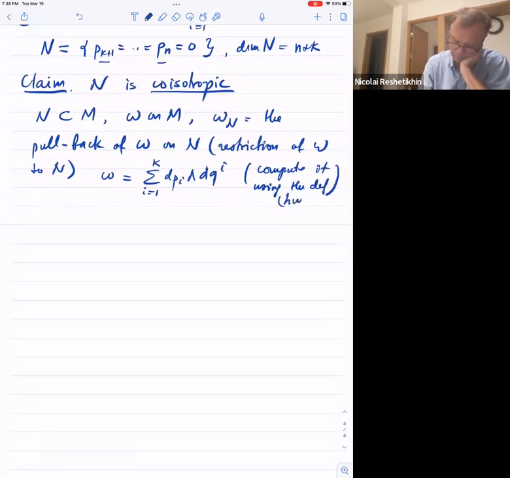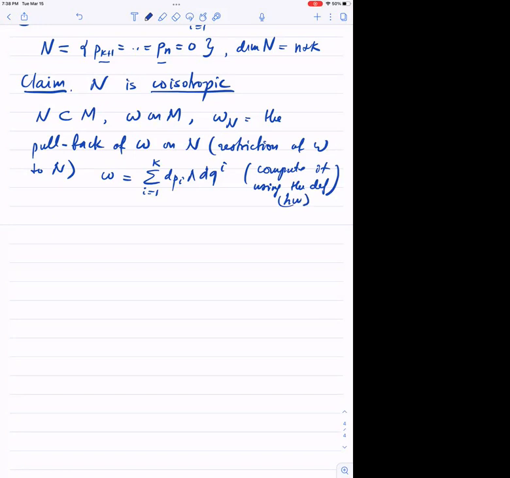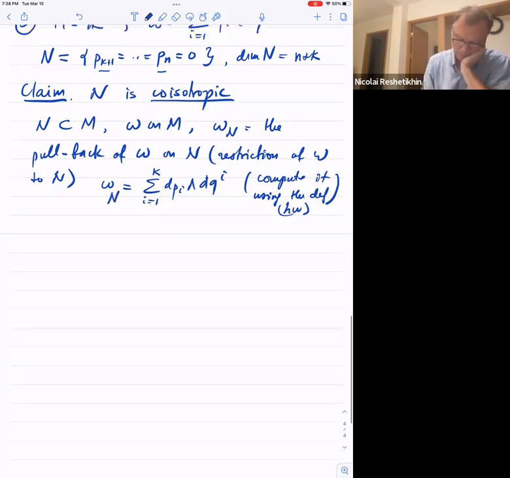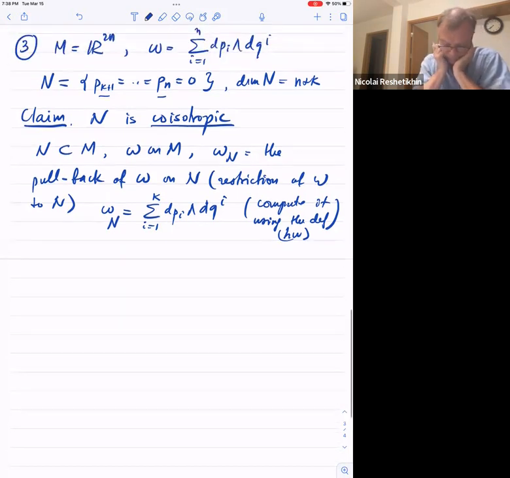Homework. Should that be omega N? Omega N, yes, sorry, thanks. So as you can see, if you take the part of N with coordinates q1 through qk and p1 to pk, this will be a symplectic manifold.